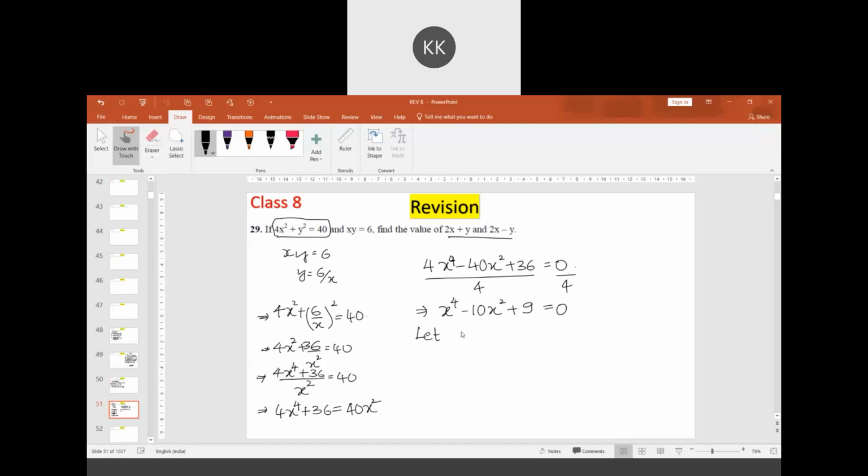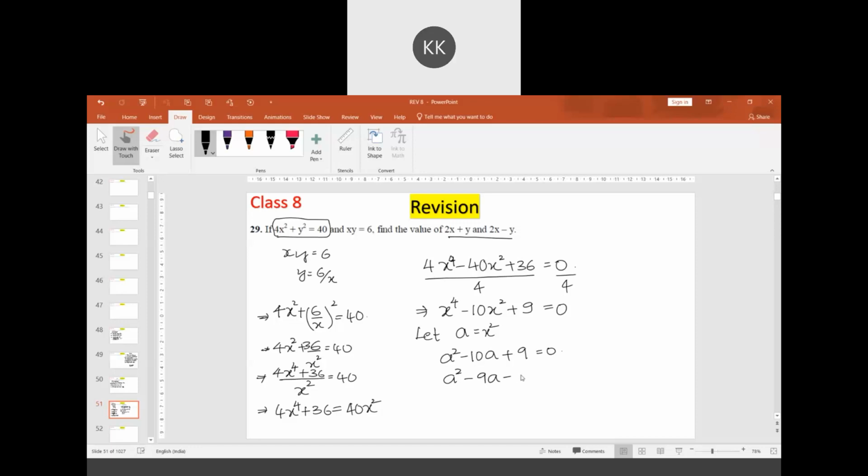Let us consider some letter a to be equal to x square. Then the equation becomes a square minus 10a plus 9 equal to 0. We can solve this equation if we consider the sum and the product.